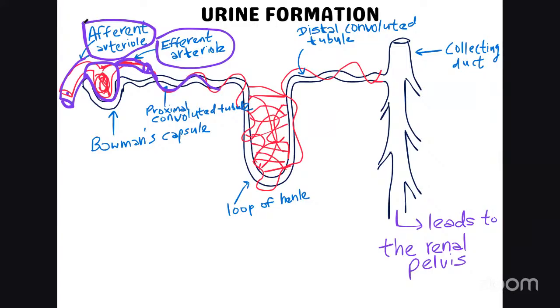So the afferent arteriole, that is this one, has a larger diameter because it's going to be bringing in oxygenated blood, and this oxygenated blood is coming in at high speed.